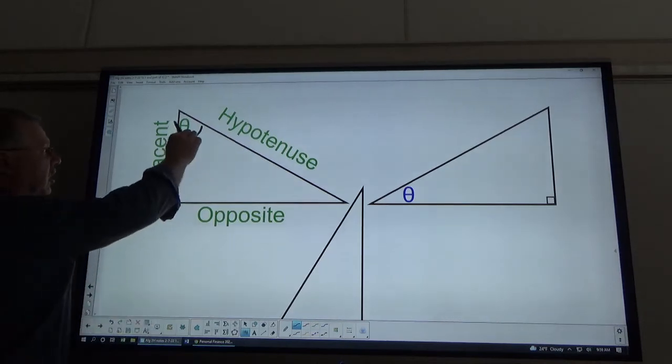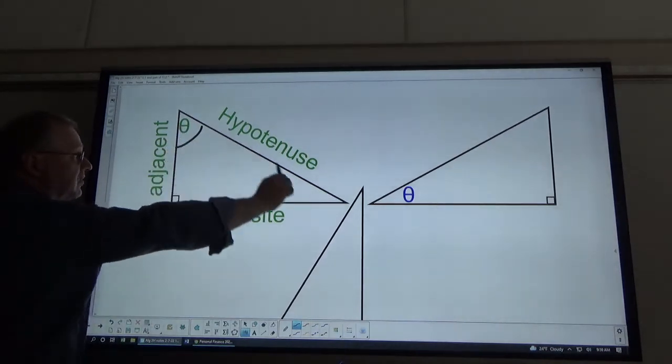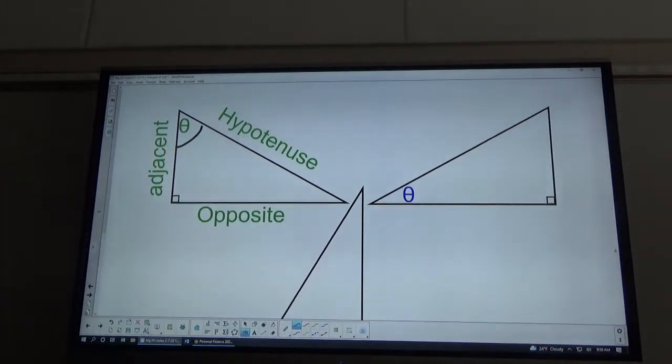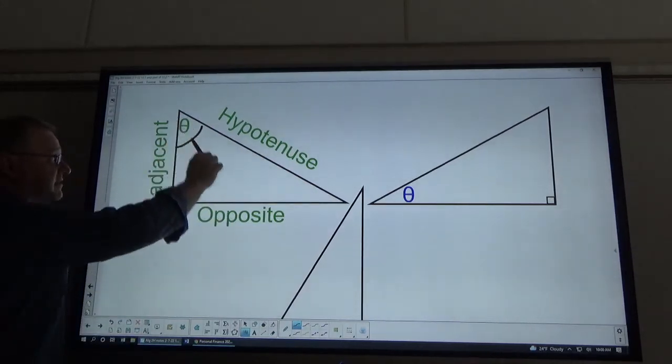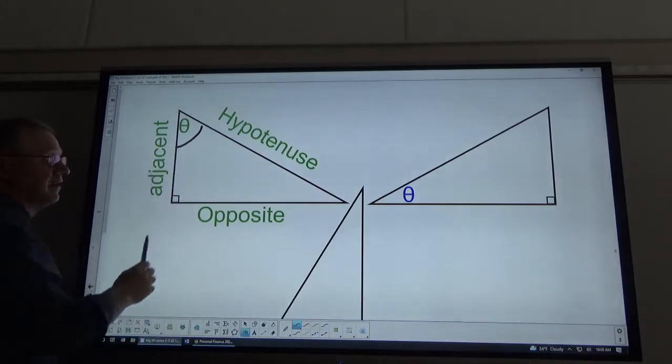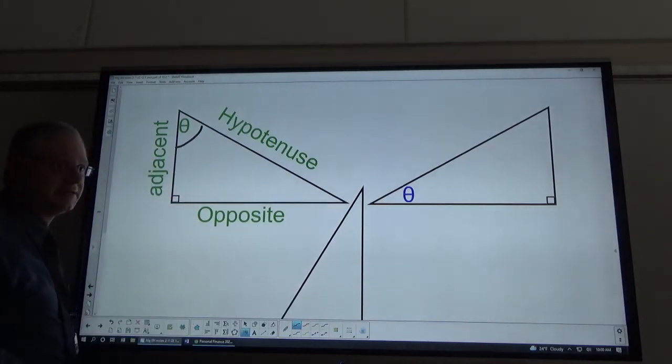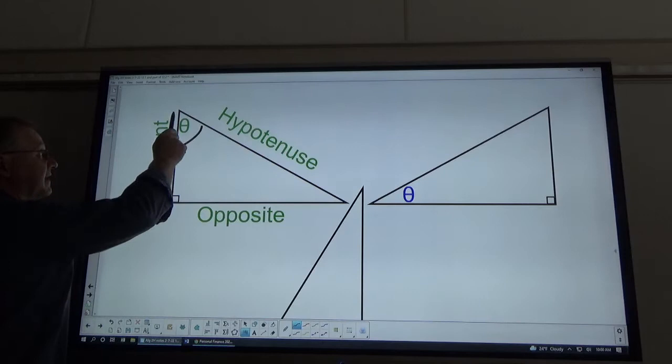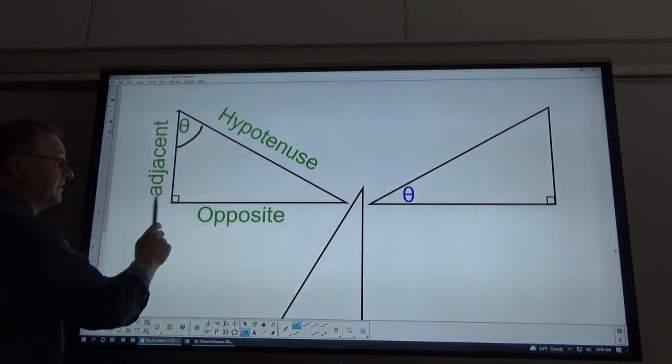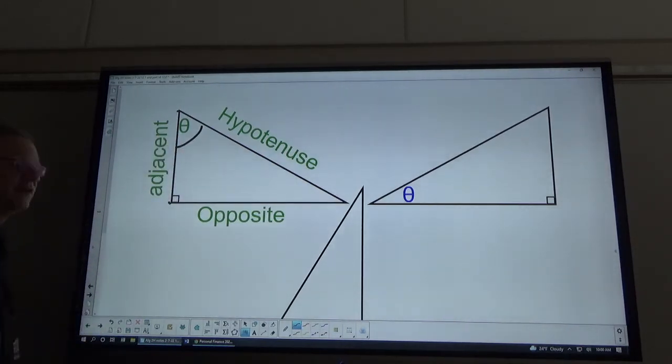So the side across from the 90 is always the hypotenuse side. That's always your longest side. The side across from theta is the opposite side. And the side that connects the angle with the 90-degree angle is called the adjacent side.